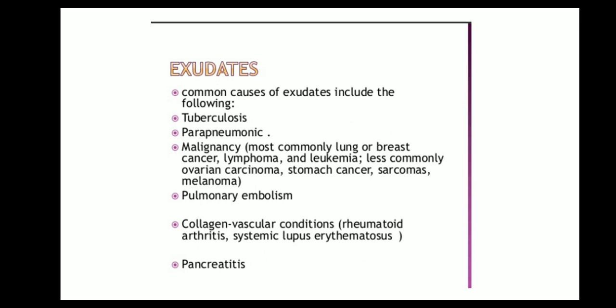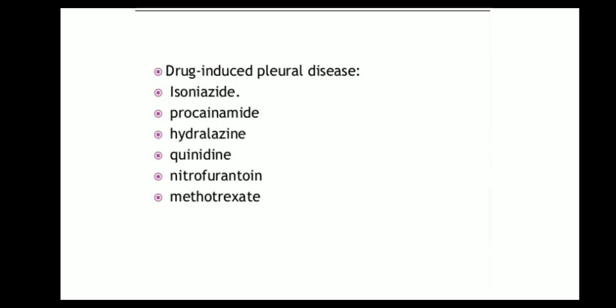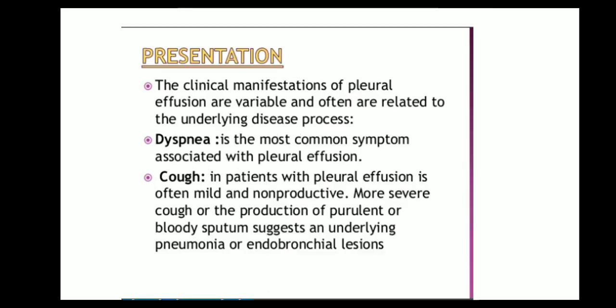Exudate causes include tuberculosis, parapneumonic effusion, malignancies like lymphoma and breast cancer, pulmonary embolism, collagen vascular conditions like rheumatoid arthritis, systemic lupus erythematosus, and pancreatitis. Trauma, esophageal perforation, radiation pleuritis, sarcoidosis, fungal infection, intra-abdominal abscess, Meigs syndrome, etc. are other causes. Drug-induced ones are isoniazid, procainamide, hydralazine, quinidine, nitrofurantoin, and methotrexate.